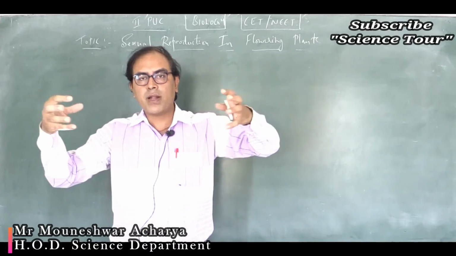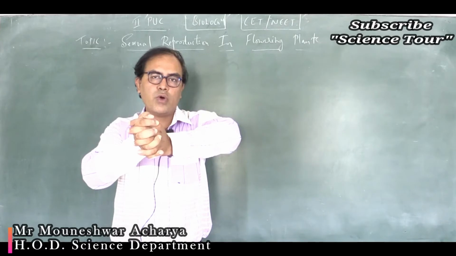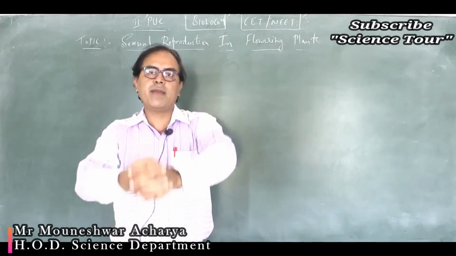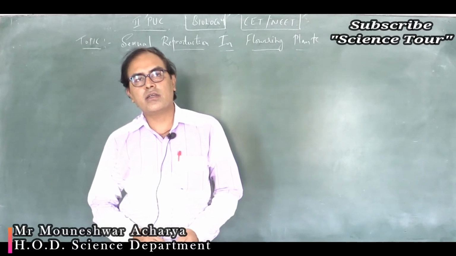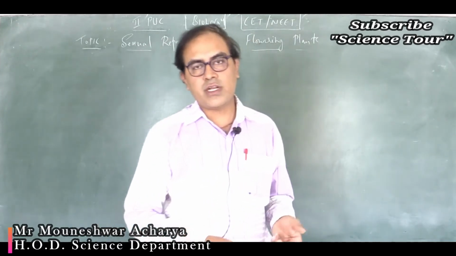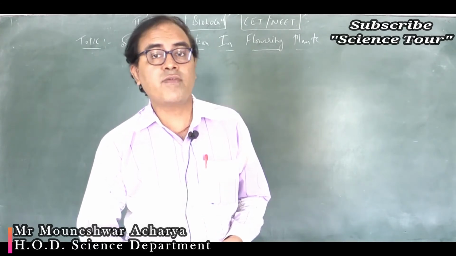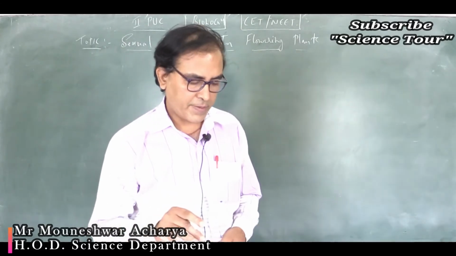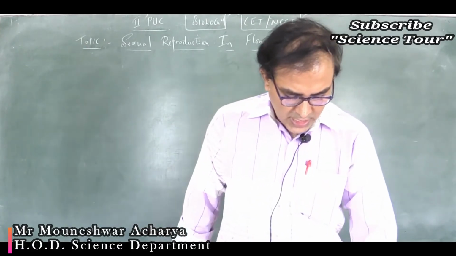The two protoplasts of these somatic cells are fused and form a hybrid, that is called somatic hybridization. Actually, that chapter is deleted totally. That chapter is Strategies for Enhancement of Food Production. In that you will study it. That is somatic hybridization.